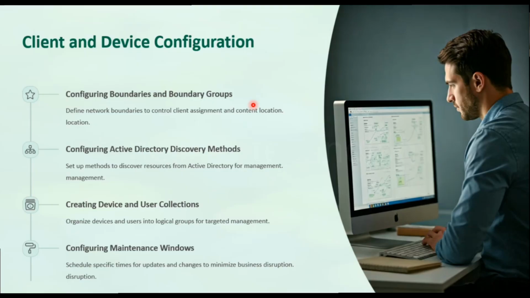It can also do silent installation and version control. It can do patch management, operating system deployment, hardware and software inventory, remote control, compliance settings, and endpoint protection. We'll talk about all these things.